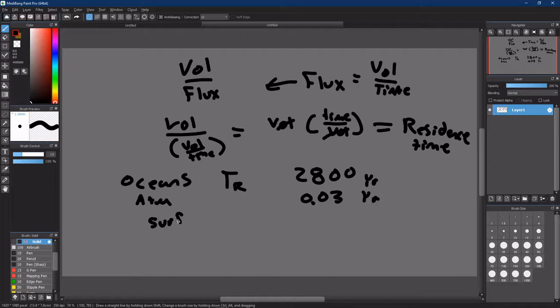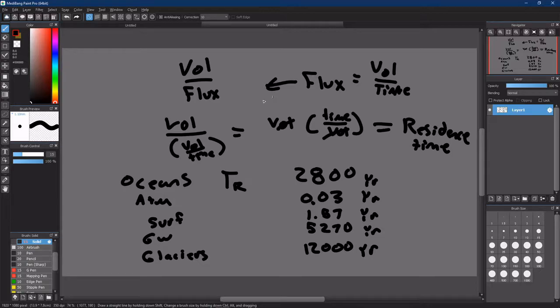Surface water, with all the fluxes going in and out, residence time is approximately 1.57 years. For groundwater, this is going to be a lot higher, 5,270 years, with glaciers at about 12,000 years.